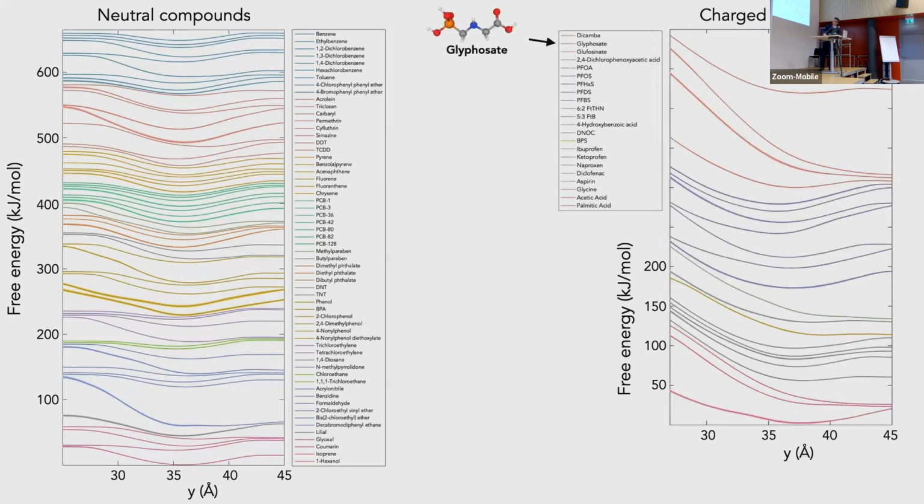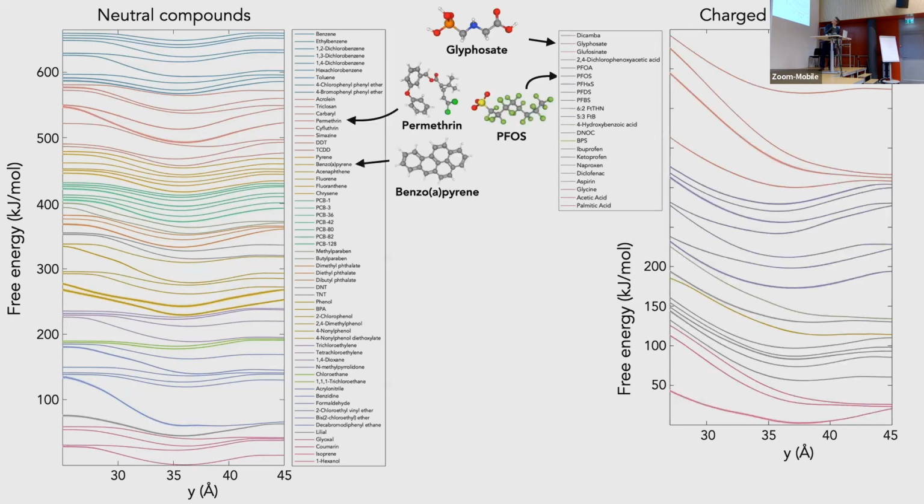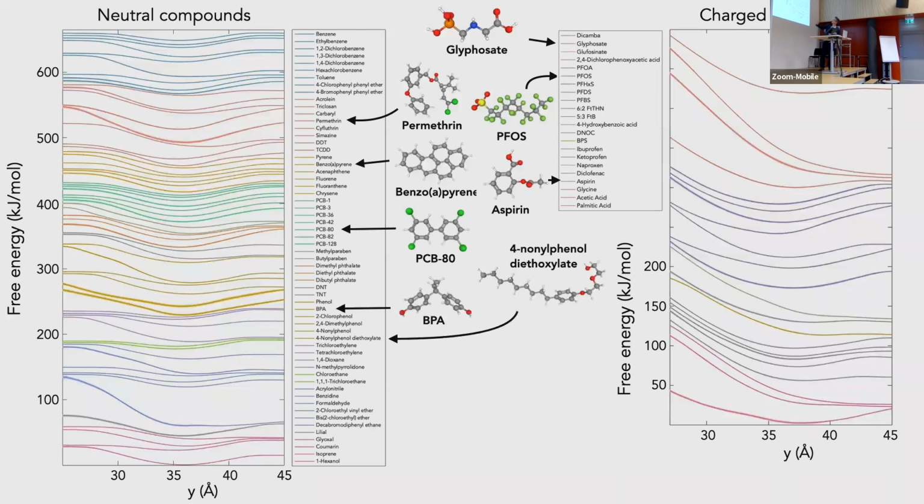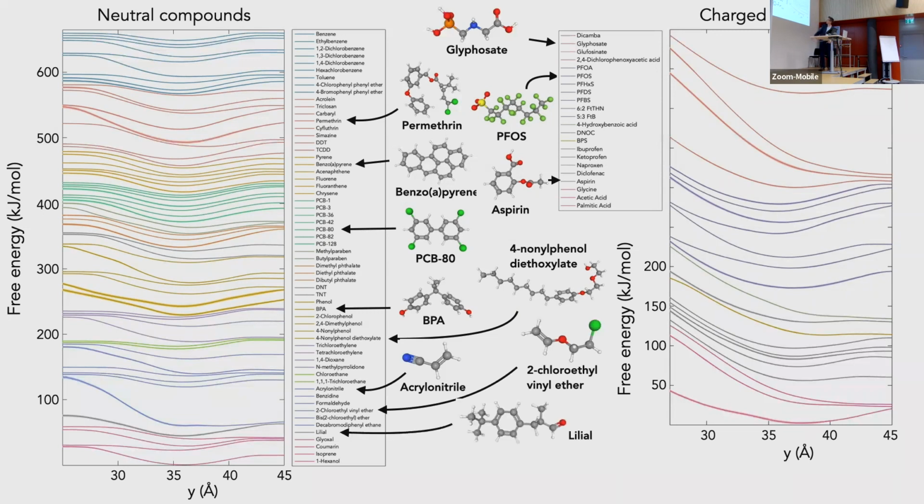So we have things like glyphosate, permethrin, PFAS, benzopyrene, aspirin, some PCBs, some BPA, I think this is a non-ionic solvent maybe, acrylonitrile, 2-chloroethylvinyl ether, lilial, which they use to scent things like lilies, but it's turning out to be carcinogenic, if I remember correctly.